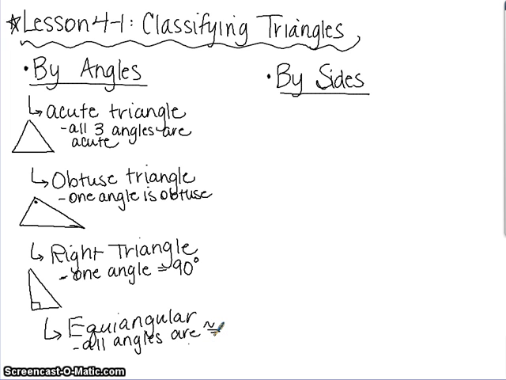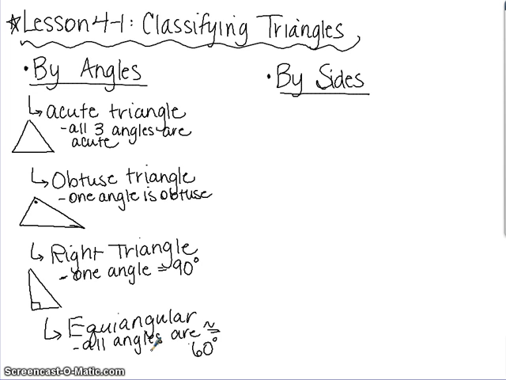So if all angles are the same, then it would follow that all angles measure 60 degrees. Okay, so 60 degrees would be the measure of each angle in an equiangular triangle. So equiangular is actually another type of acute triangle. It's just kind of more specific. Okay, so that's classifying triangles by their angles.